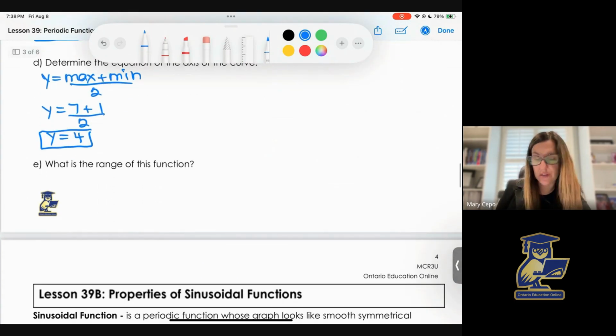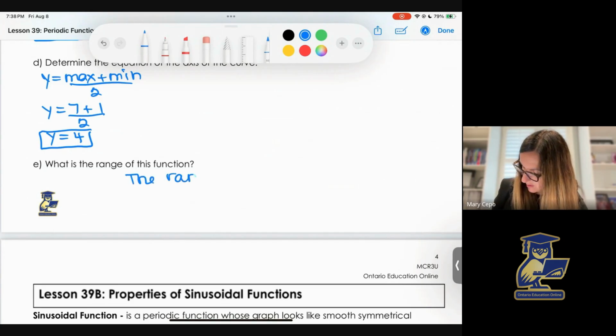Okay, what is the range of this function? So we know the lowest is always 1 meter. That's when you get onto the Ferris wheel. The highest you'll go is 7 meters. And then it just keeps going. So we know our max and min. So the range of the function is, it can be any value.